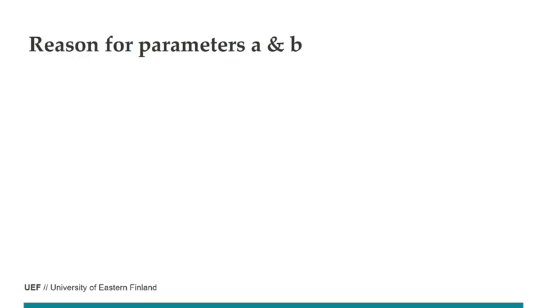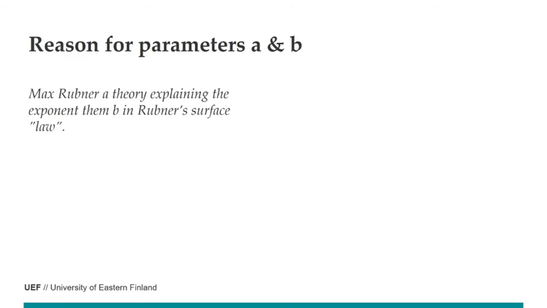Okay, then because the B is something between 0.6 and 0.7, it has been speculated for a century what the parameter behind this is.